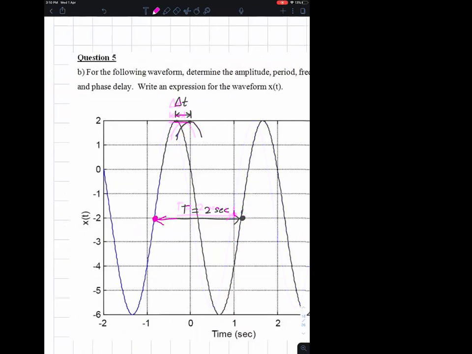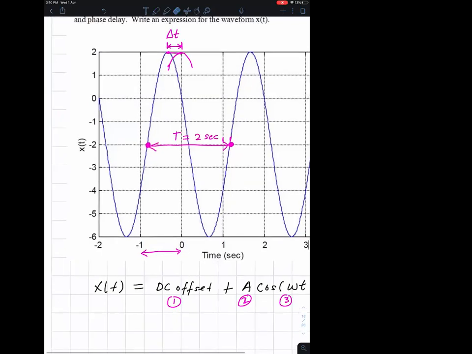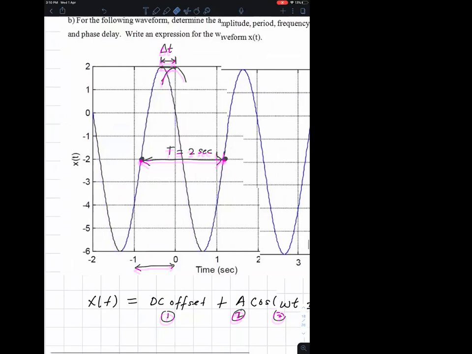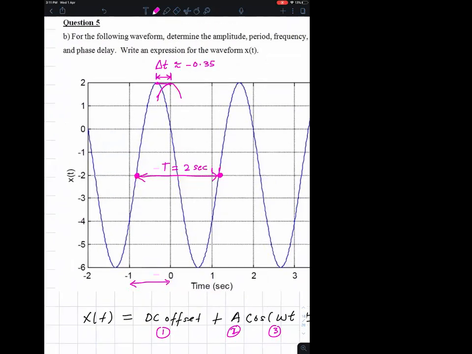So I approximated, because from year to year is 1, maybe it's around 1/3, maybe around 0.33, but I think it's slightly bigger than that. You don't have to be very accurate. You can roughly approximate that shift to be around minus 0.35 seconds. I put minus because it shifted to the left.